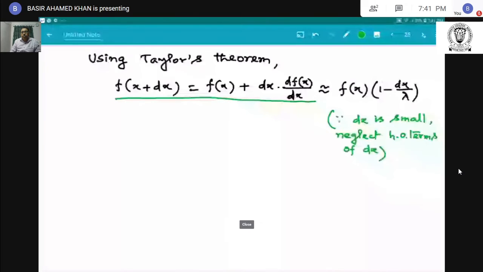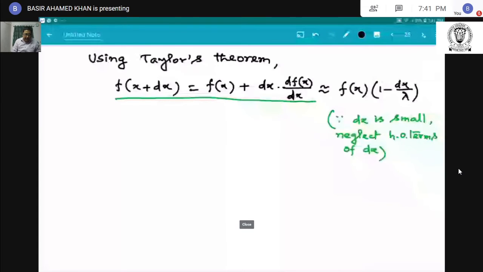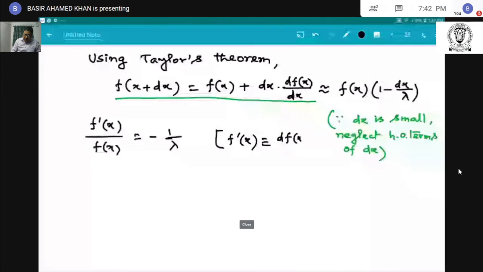Therefore we get f prime x by fx equal to minus 1 by lambda, where f prime x means dfx by dx.